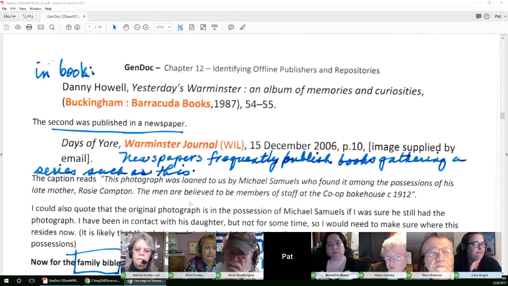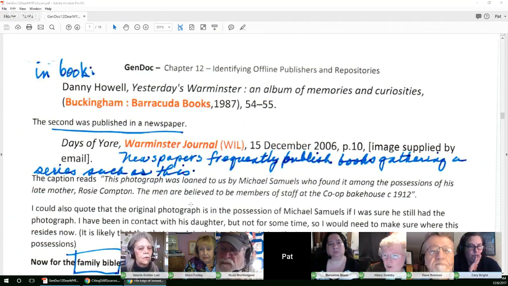It actually has a lot of information in it regarding what was written in the book about the photograph, because it tells you who's in the photograph. The person that wrote the book had a discussion with one of the people in the photograph, so they identified it. Yeah, so there's more first-hand information.